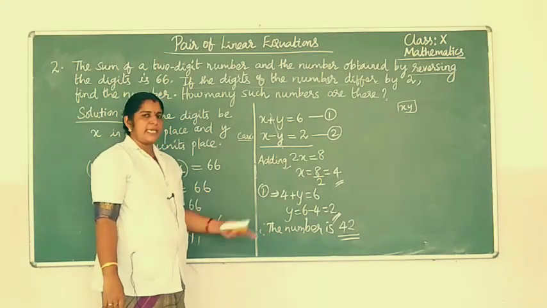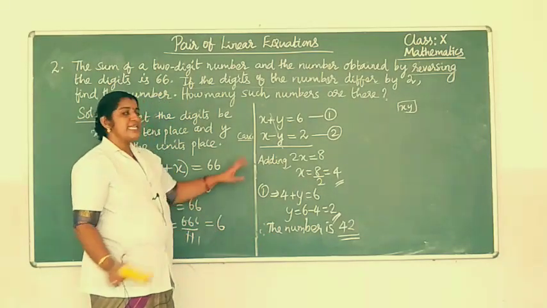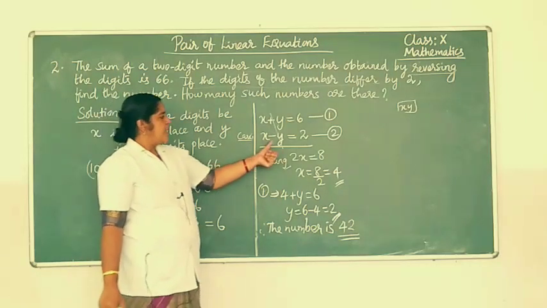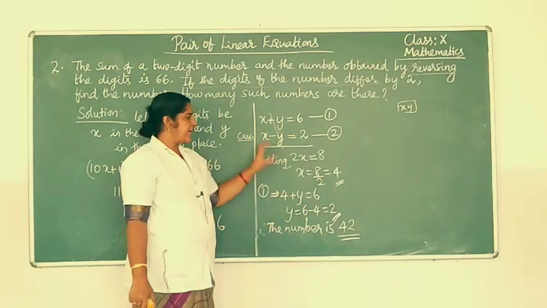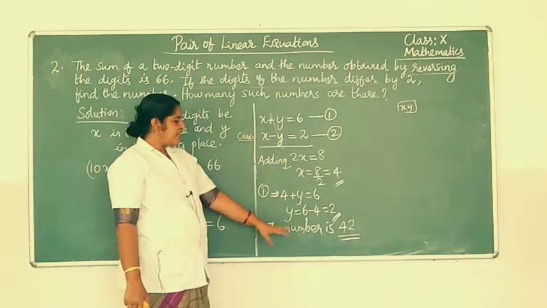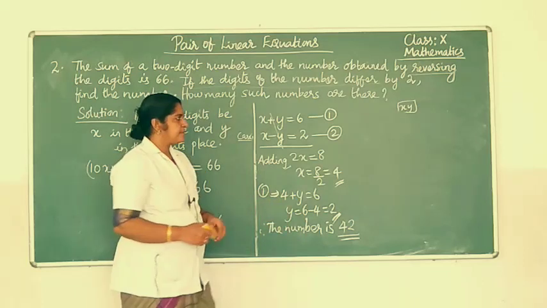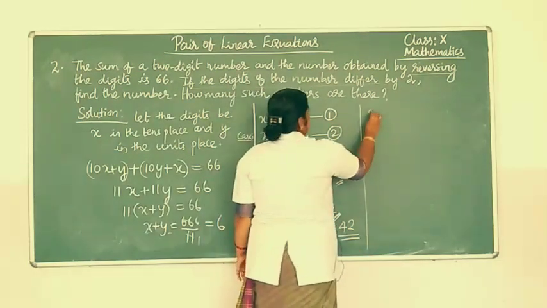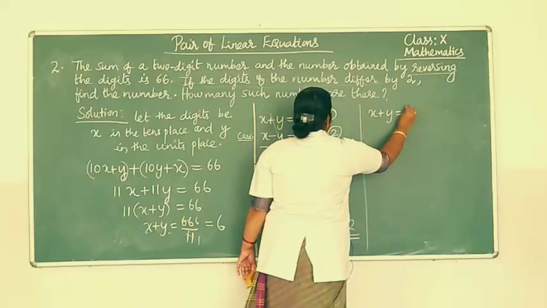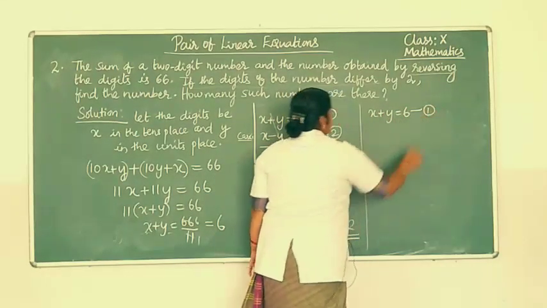Now we are going to see what happens when you take the second case. Second case is y may be greater. So y minus x equal to 2. If we are considering that case, what will be our number we can see. So case 2, we are going to consider first equation x plus y equal to 6. This is our first equation.